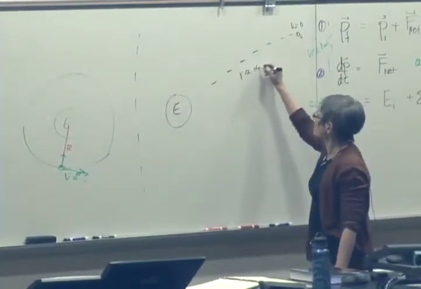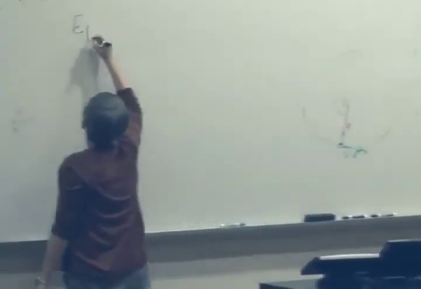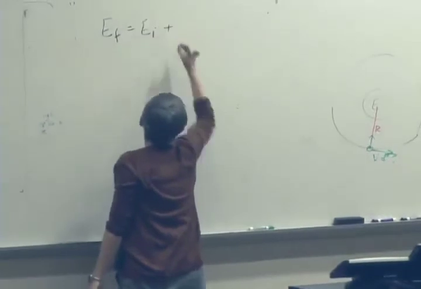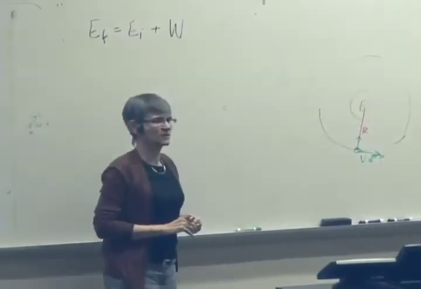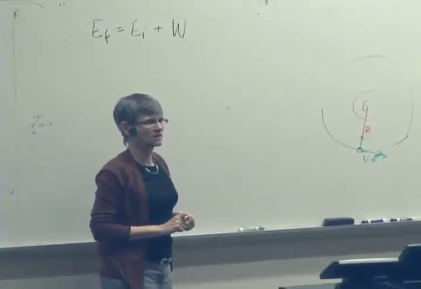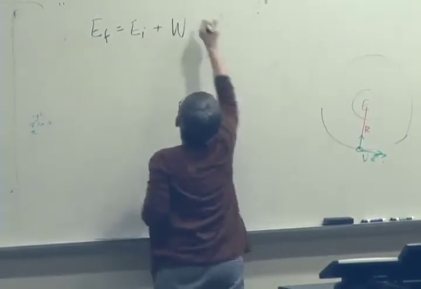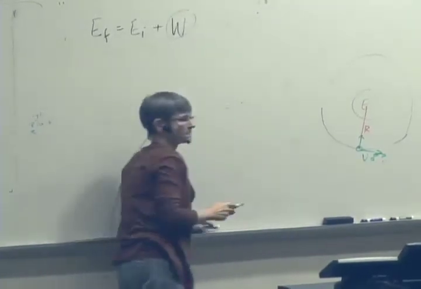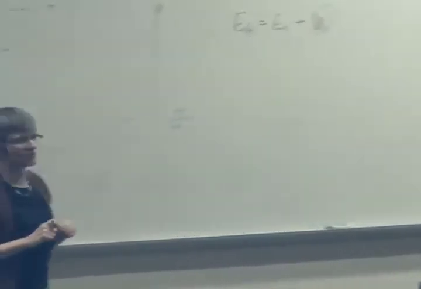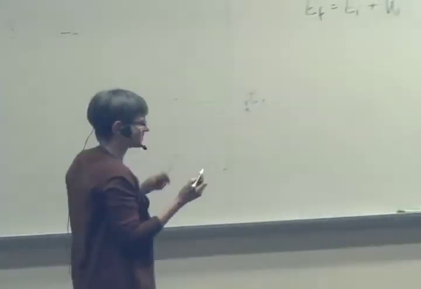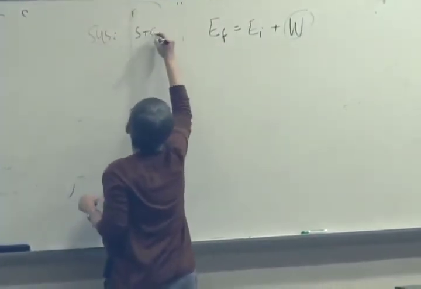Now we write down E final is E initial plus work. What's the unknown? Work. What are we going to choose as the system? The satellite plus the Earth suggests itself as a good system.